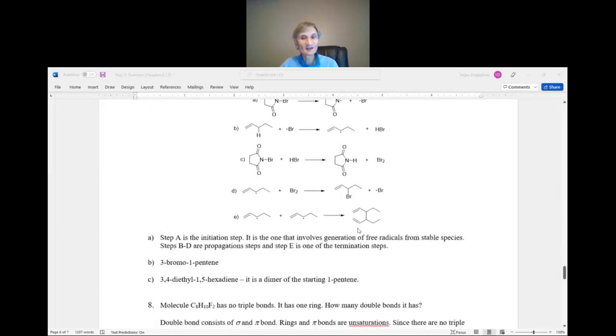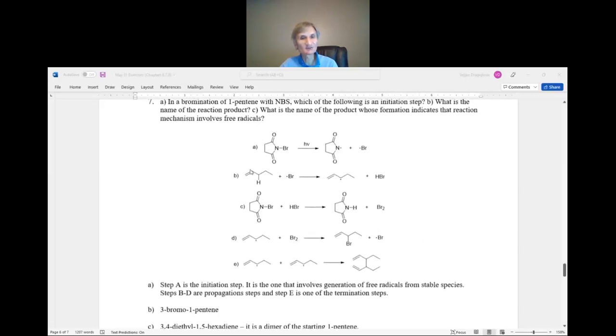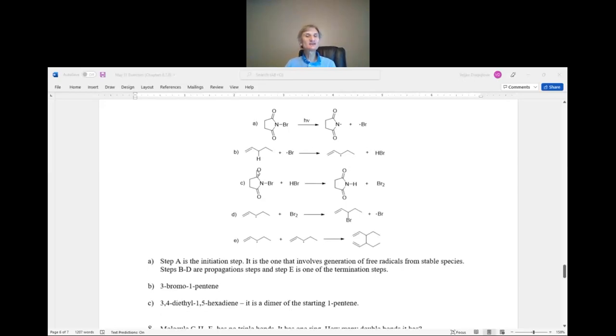And this compound, 3,4-diethyl-1,5-hexadiene, is a dimer of the starting material. This is the starting material, 1-pentene. Formation of a dimer indicates a free radical reaction because only free radical reactions give dimers. If the reaction is polar, it involves carbocations or carbanions, charged species, cations and anions.